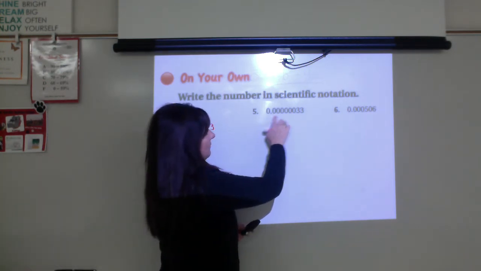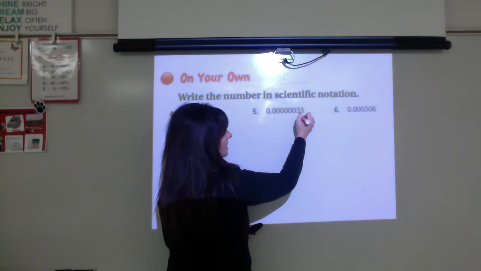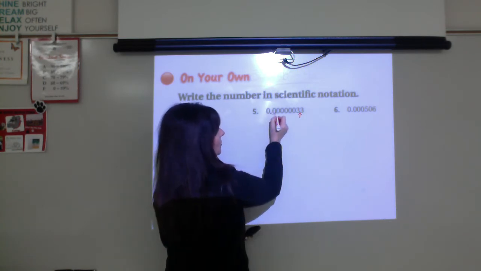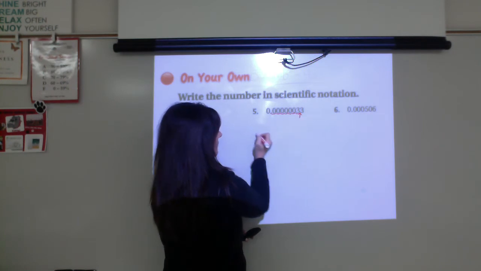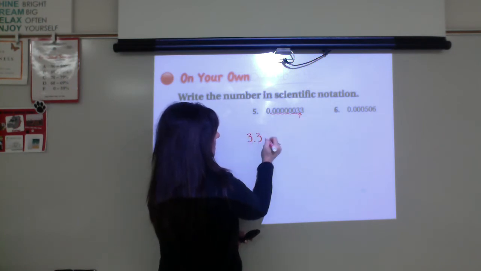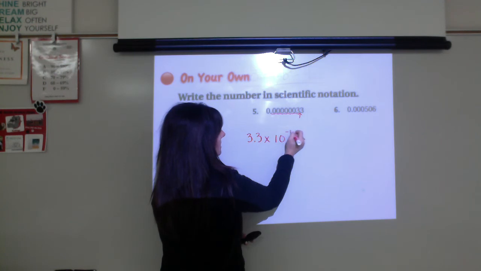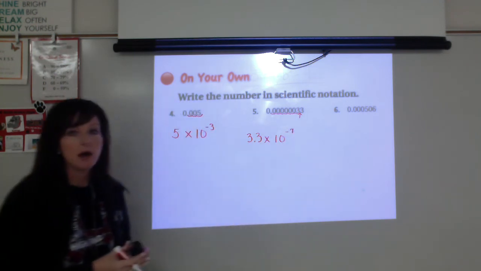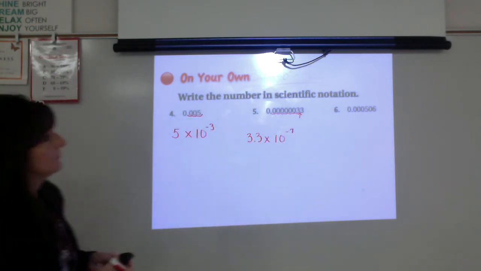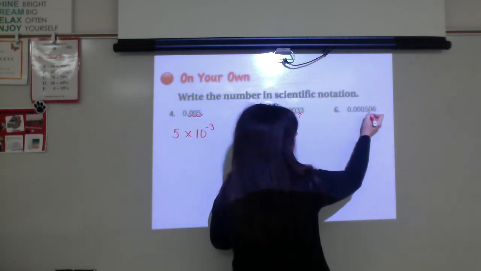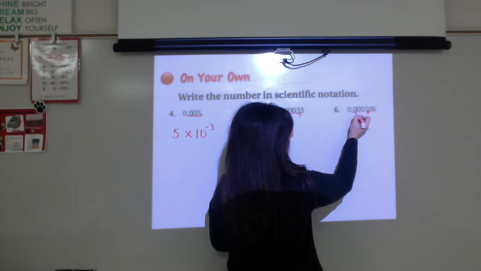For number 5, we're going to move it right here between the two 3's. So 1, 2, 3, 4, 5, 6, and 7. 3.3 times 10 to the negative 7 power. And finally, right here between the 5 and the 0, so 1, 2, 3, 4.